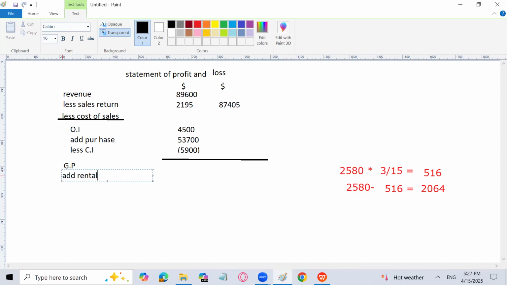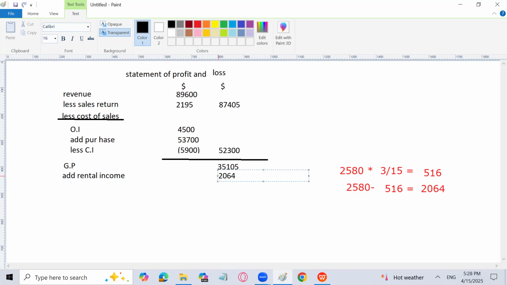What is the answer of cost of sales? 52,300. Then 87,405 minus 52,300. What is the gross profit? 35,105. Add rental income, that is the other income, and that is 2,064.